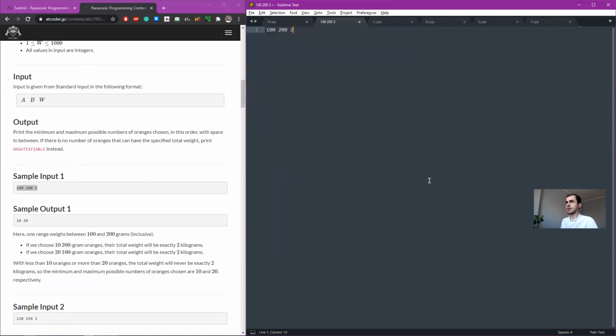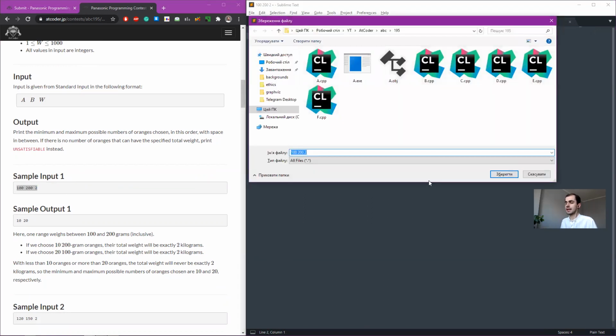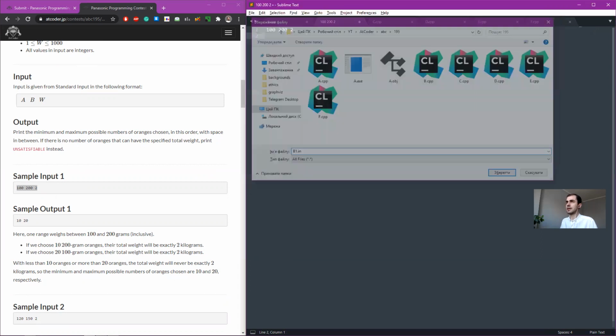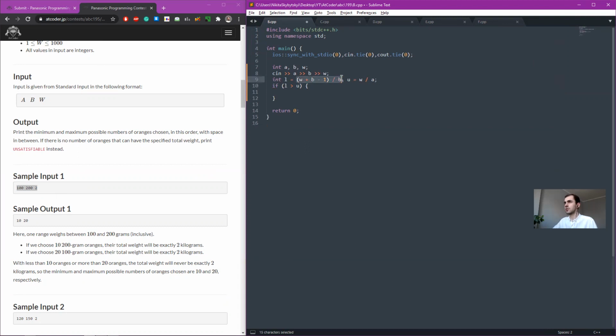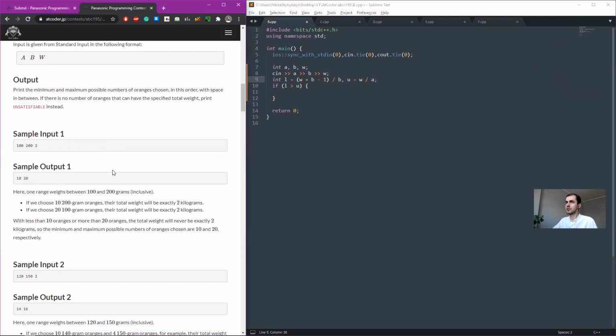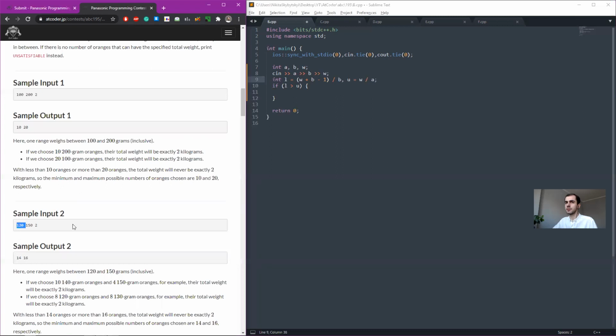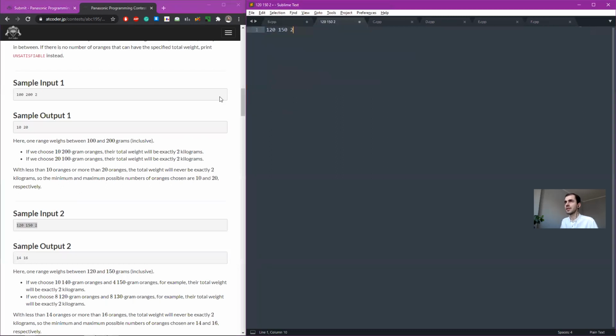Say every orange is between 9 and 10 grams, and it's kind of tricky to get 15, right? So in this case, the lower bound will be 2 and the upper bound will be 1, I guess, which is unsatisfiable.